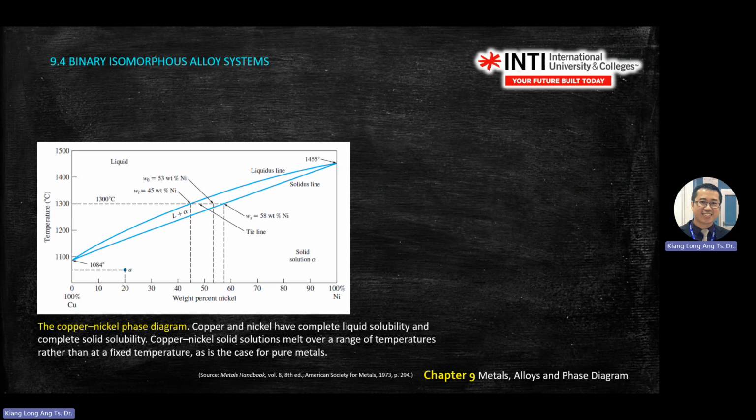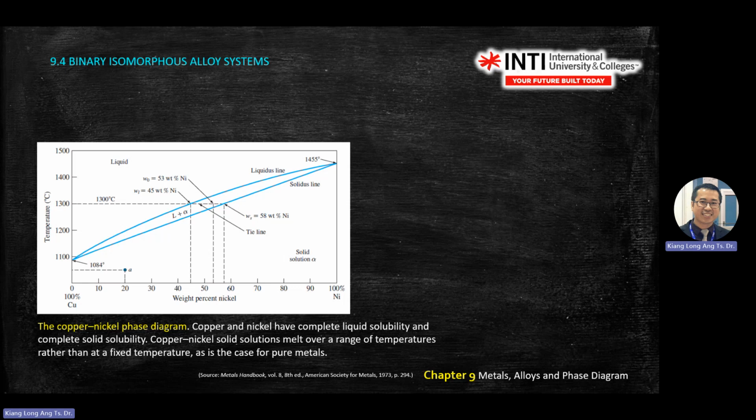How to read this graph? You read the caption of the graph. It tells you what percentage of nickel. So the percentage you see on the x-axis is nickel. Here you see copper, here you see nickel.